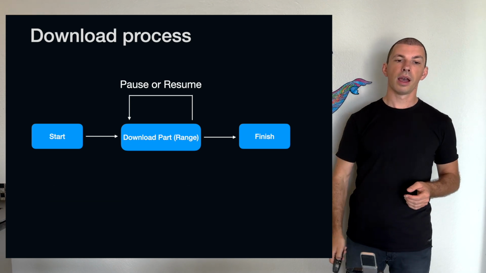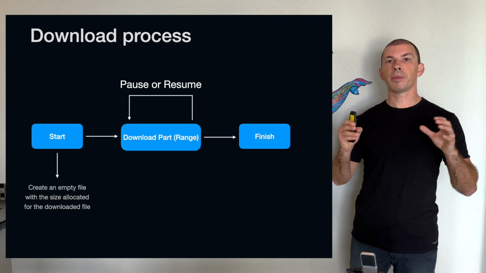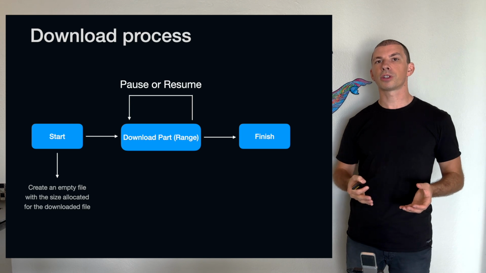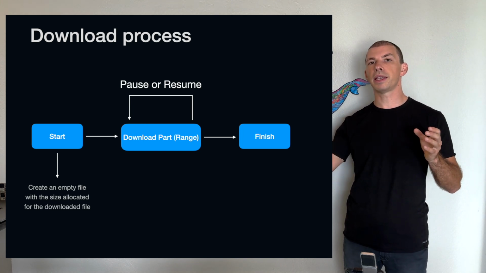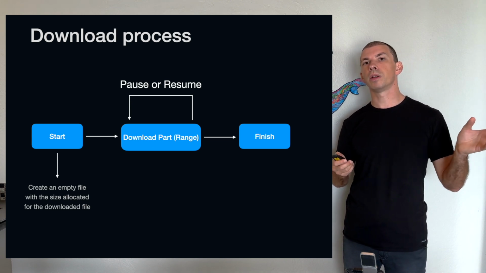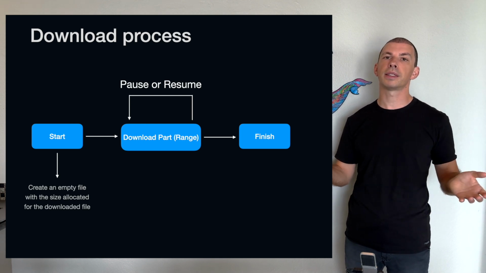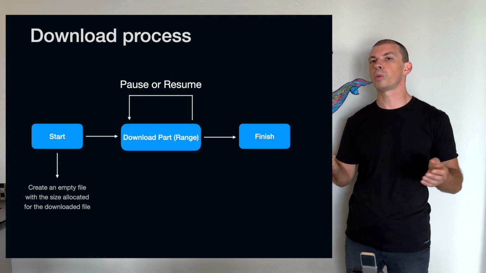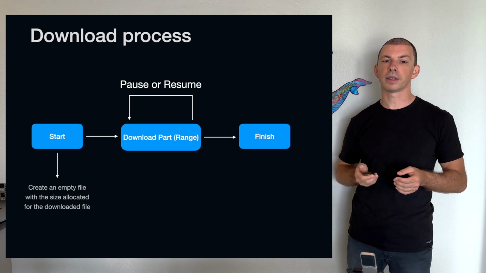So what we actually need to do for the start case: we will create an empty file in persistent storage, but this file will allocate the space that we eventually need, and we'll fill this file with null bytes, or whatever empty information, 0 bytes or something like this.